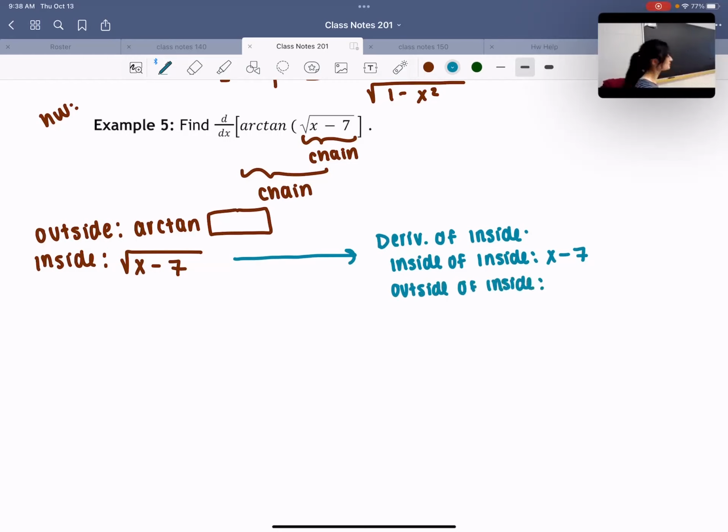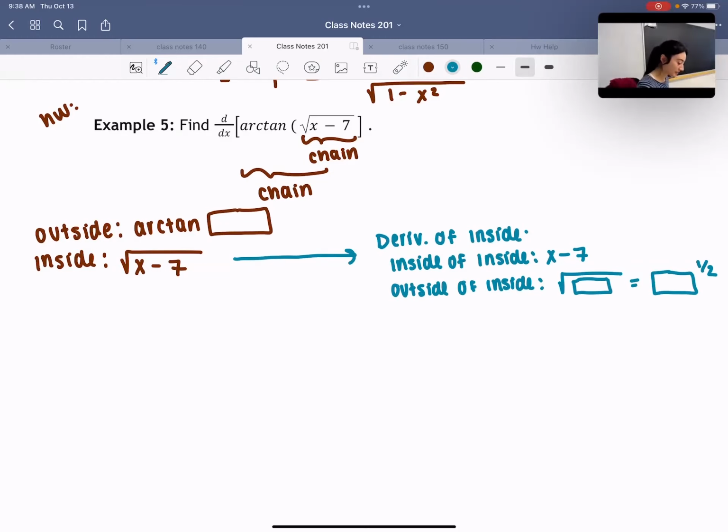And what's that function? Square root, right? So it's the square root of our box, or box to the 1/2, right? Okay, so let's do the derivative of the inside first, and then we'll go back to what I have in red.